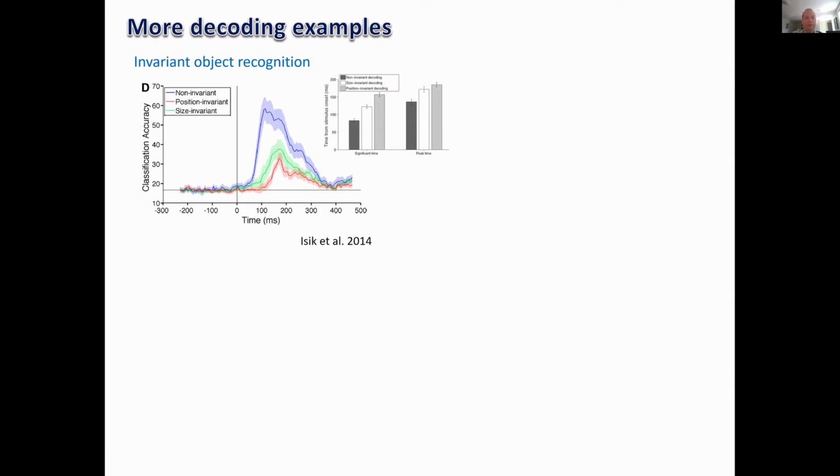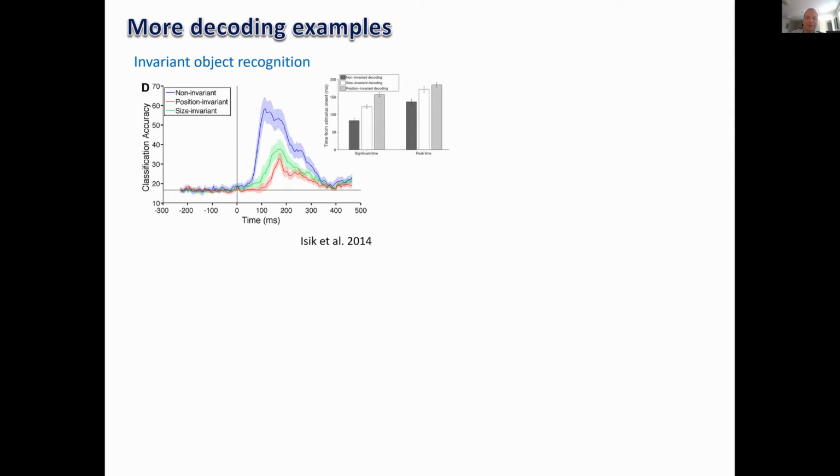For example, you see another work that studies invariance in human vision, meaning how our brain encodes stimuli, but remains invariant to the relative position or the relative size of the object. So it encodes the concept of the object, and it is invariant to the position of the object, for example.